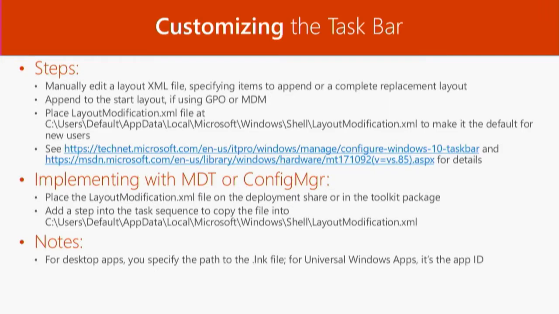We have the ability to pre-configure the taskbar with whatever icons we want in it. It uses the same layoutmodification.xml, so we just paste in the additional content that we want into that file, and it applies not only a default start menu layout, but it also configures the taskbar with whatever icons we want.